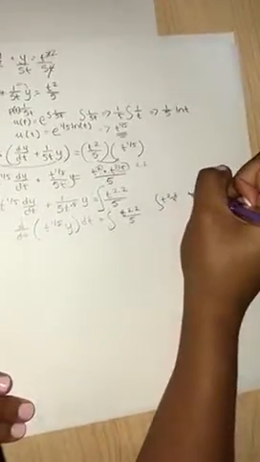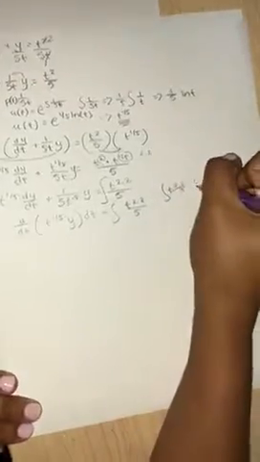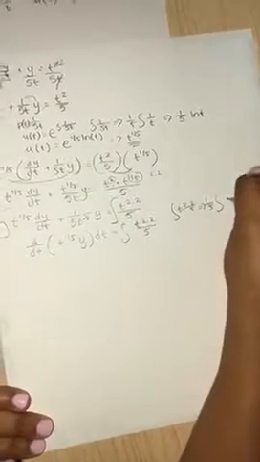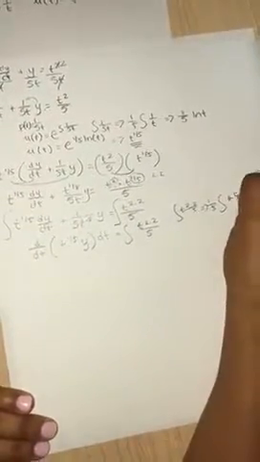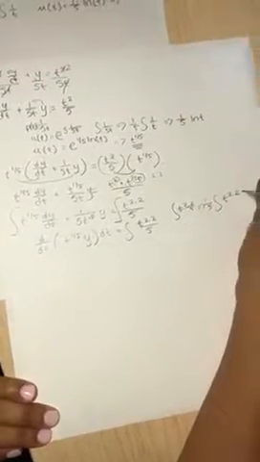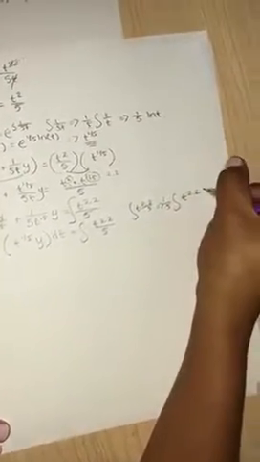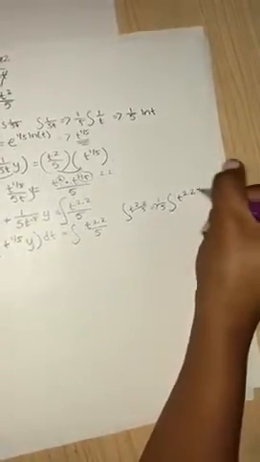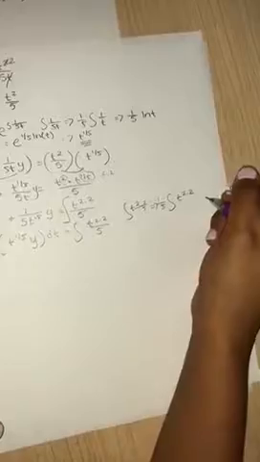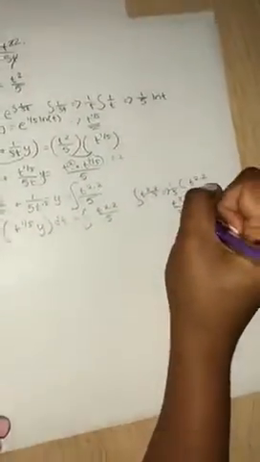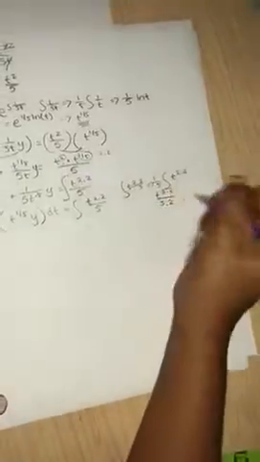So we bring out the 1 over 5, integral of t to the 2.2. We know that we must add a 1 to the exponent and divide by whatever our new exponent is. So it'll be t to the 3.2 over 3.2. So that's our integral for the right side.